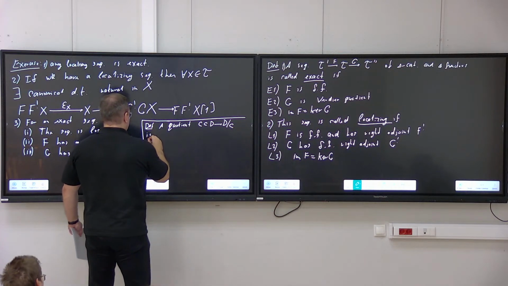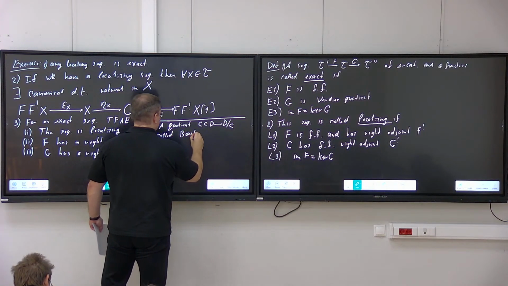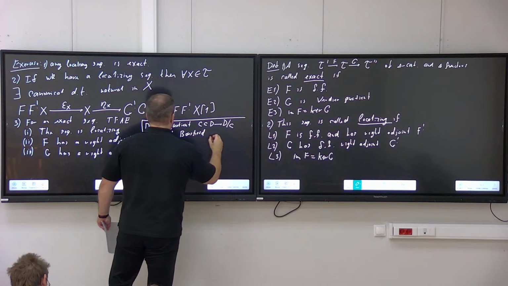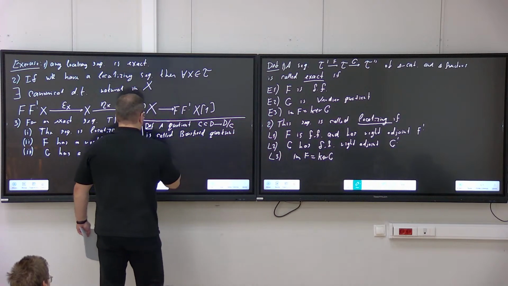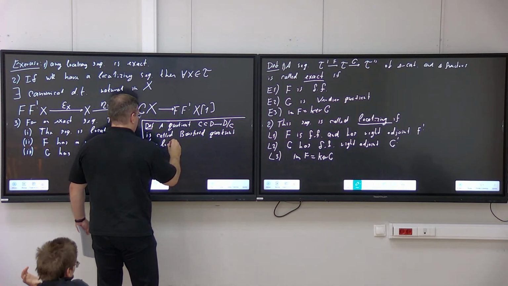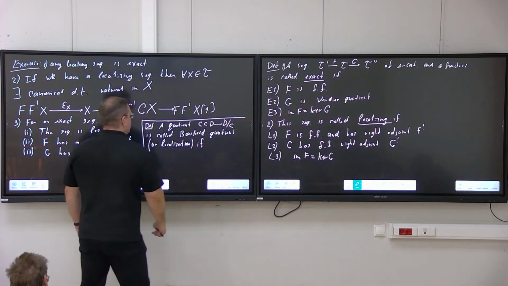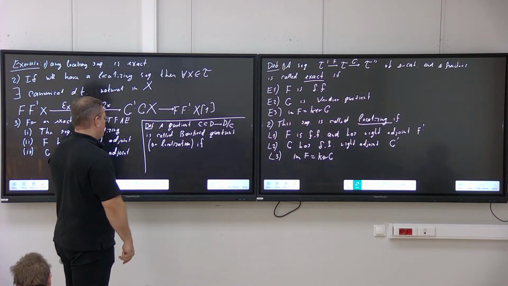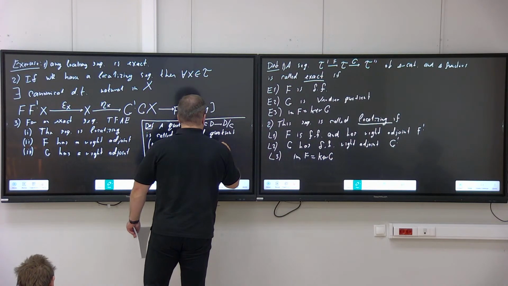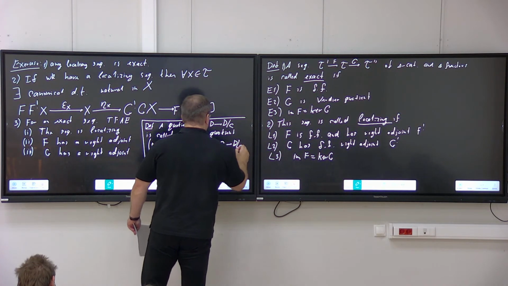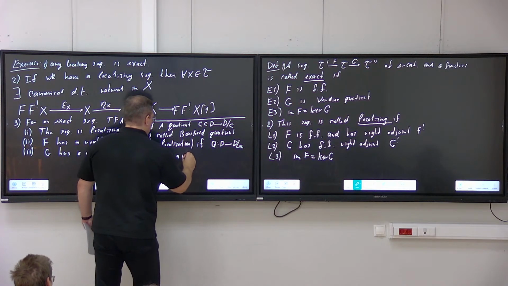It's called Gabriel-Verdier quotient or localization, if the conditions of the previous proposition are satisfied, that is, if the Q from D to D mod C has the right adjoint.